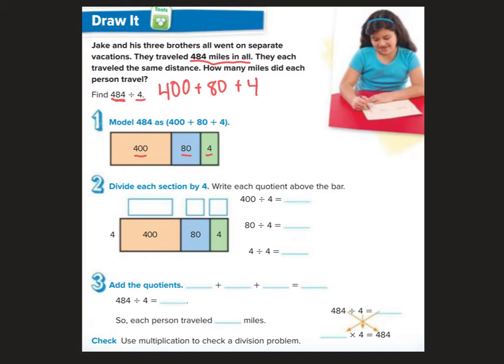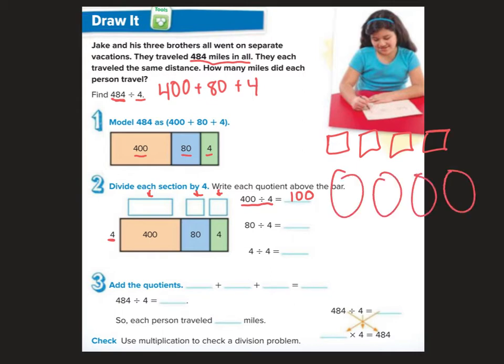And if I divide each section by 4, then my answer would go on top up here. So if I do 400 divided by 4, that would be 100. If I have 4 groups, how much is going to go into each group? 100.